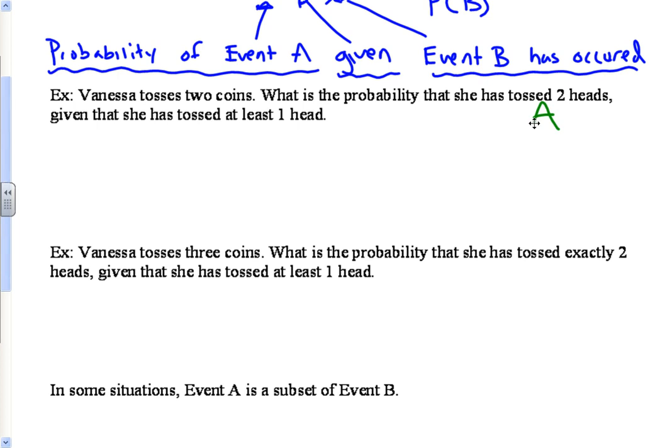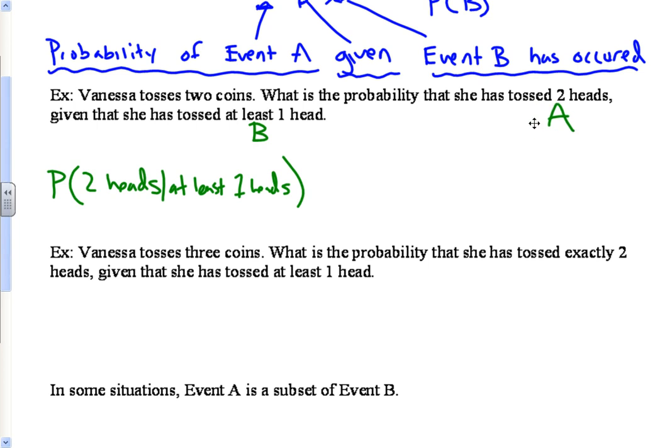And we know that she's tossed at least 1 head, so that's our given B. So the probability of 2 heads given the probability that there is at least 1 heads.